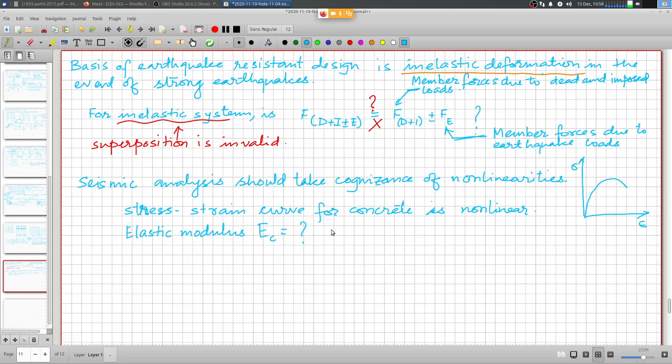So it is variable with respect to the strain. Right, so that's the actual elastic modulus that you have. It will be somewhere here, somewhere here, somewhere here.